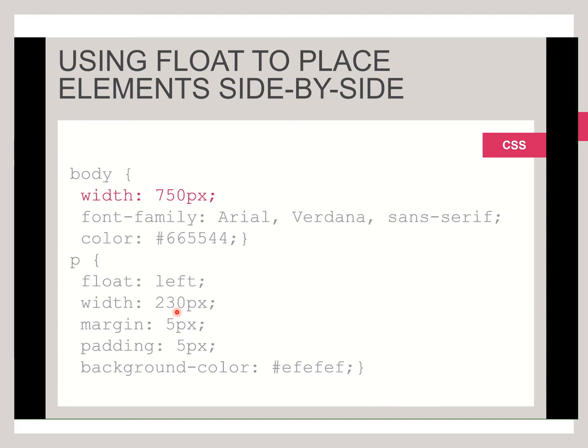Multiply by 3, you get 720. And then you also add the padding on each side, so each one is 10, and then 30. So 720 plus 30, you get 750. That means you occupy the whole space. So this is the idea.